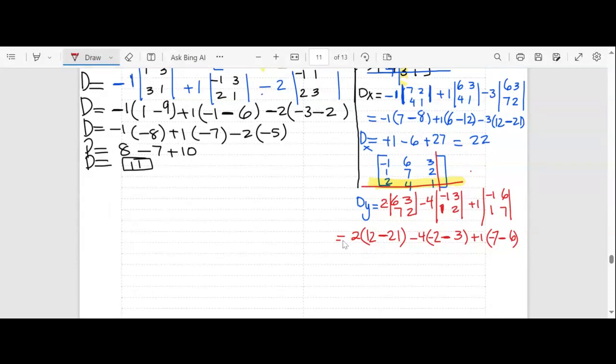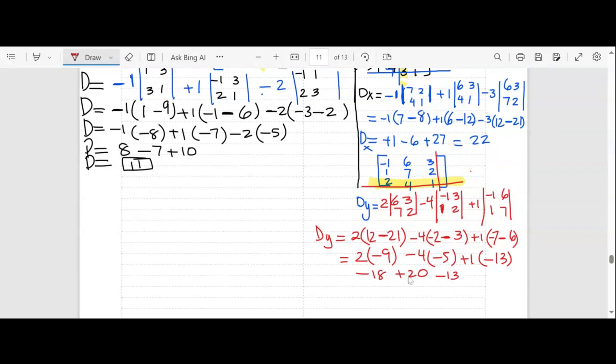Okay, so the first one, 12 minus 21, I think we got this before. It was -9, right? And this one, -5. And this one, -13. This is -18. This is +20.